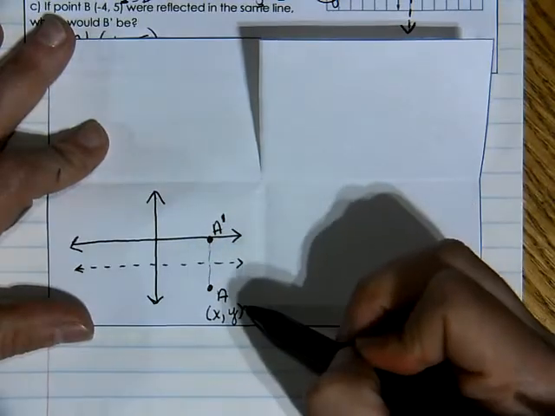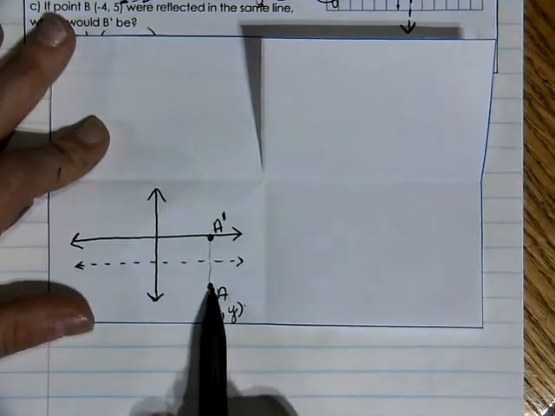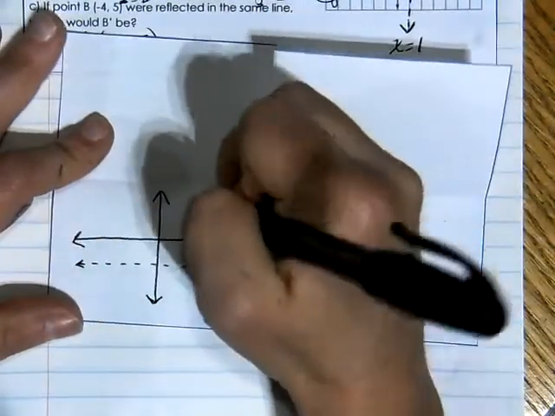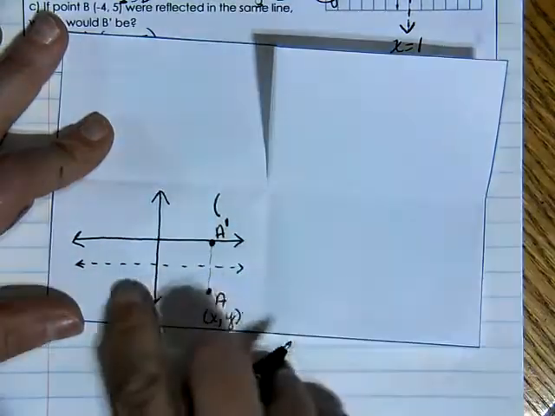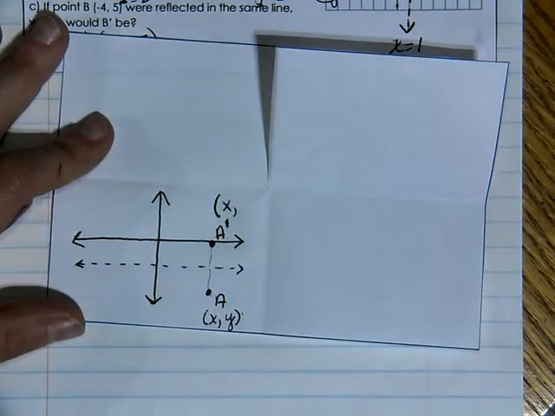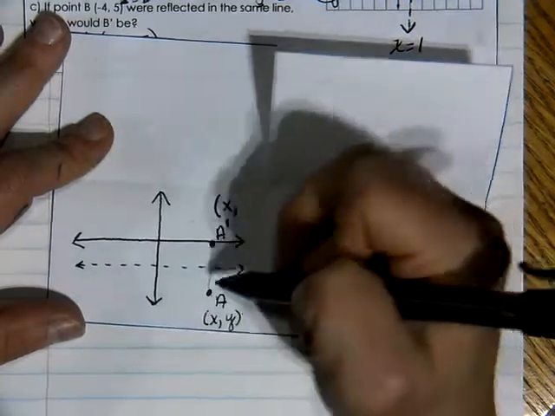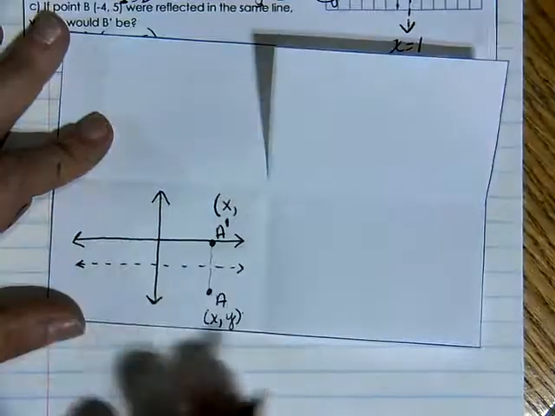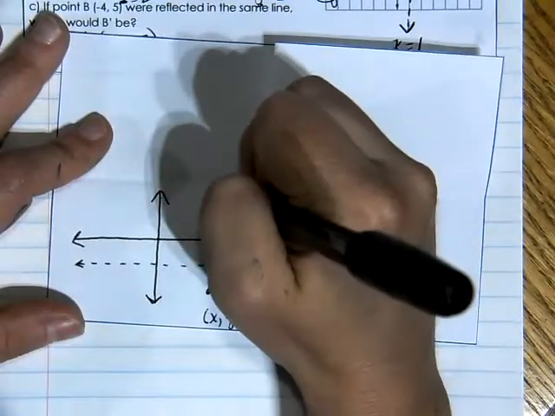What would stay the same of the ordered pair? Did it shift to the left or right? No. So if you're reflecting in a horizontal line, the x-coordinate stays the same. The y-coordinate shifted. It'll either shift up or down depending on where A was located originally.